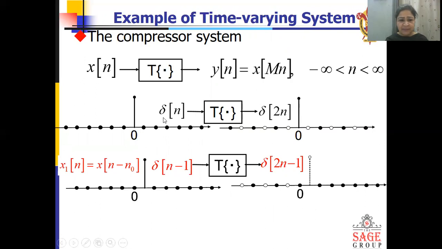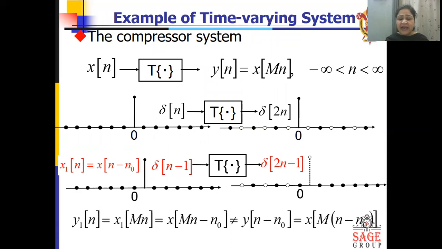So if I'm giving x[n], then I should get x[2n]. Now say the input is delta[n]. I give it to the system and I get delta[2n]. Now if I delay the input by, say, 1 unit, I get delta[n minus 1], which I give to the system, and I get delta[2n minus 1].